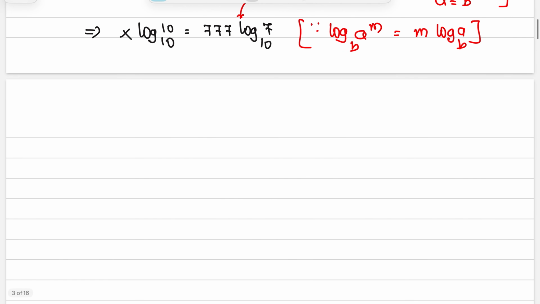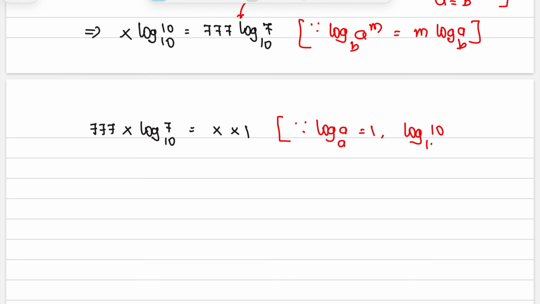Now, from this what we get? 777 into log 7 to the base 10 is equal to x into 1, since log a to the base a is equal to 1, hence log 10 to the base 10 is equal to 1. That implies 777 log 7 to the base 10 is equal to x.